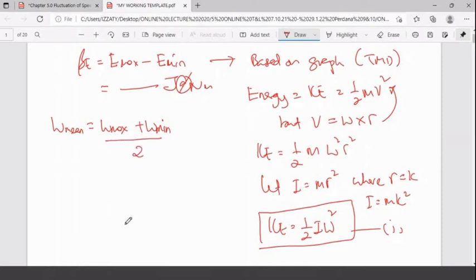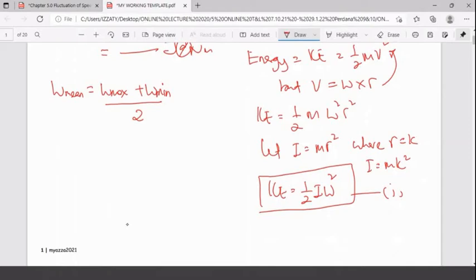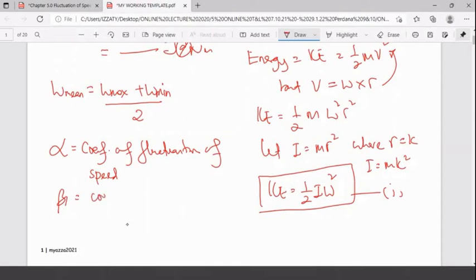No doubt about it, isn't it? The other one I would like to introduce is alpha, which is the coefficient of fluctuation of speed. Just now, beta was the coefficient of fluctuation of energy.